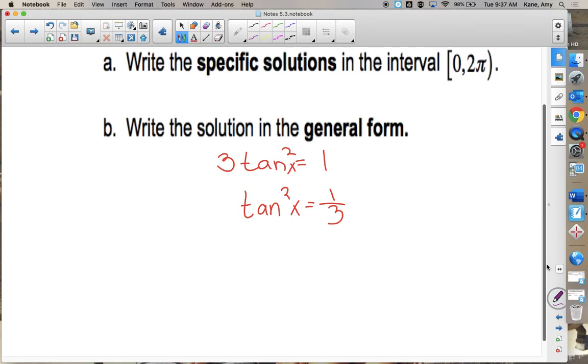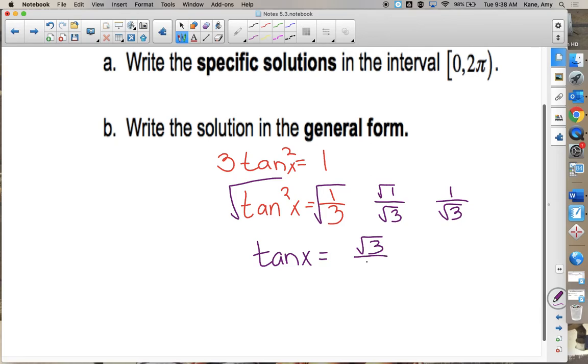I think most of you took the 1 to the other side, divided by 3, took the square root, and when you take the square root individually, you end up with 1 over the square root of 3, which is actually square root of 3 over 3.